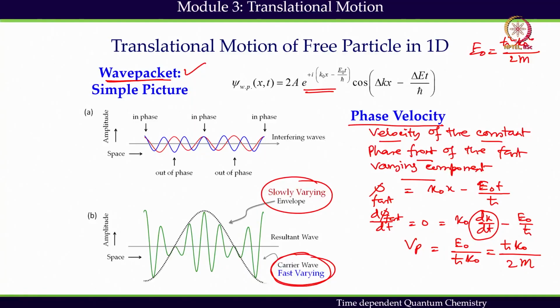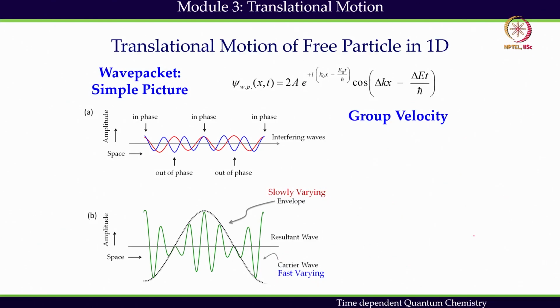Now the question is, what is the velocity with which this component is propagating, and what is the velocity with which this component is propagating? These two components are propagating independently, and we are trying to find out the velocity of each individual component in the wave packet. The phase velocity of the wave packet is given by this value.